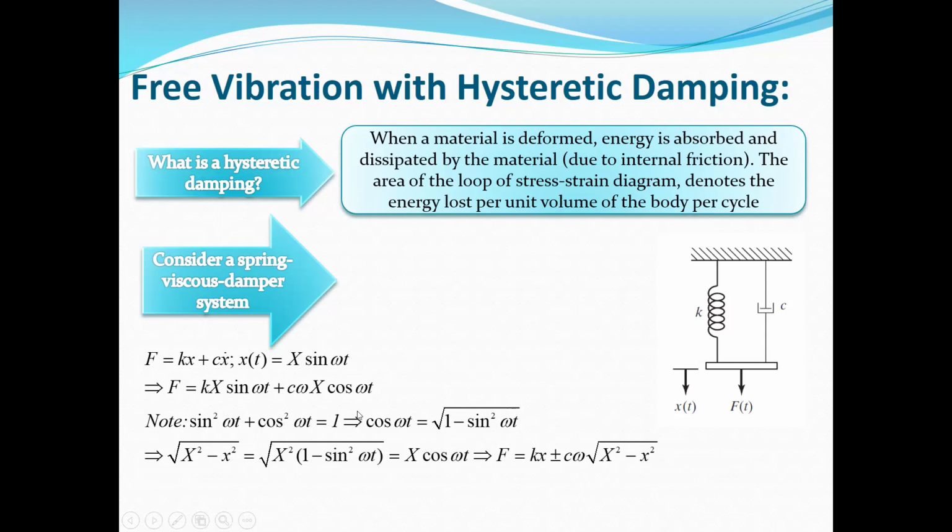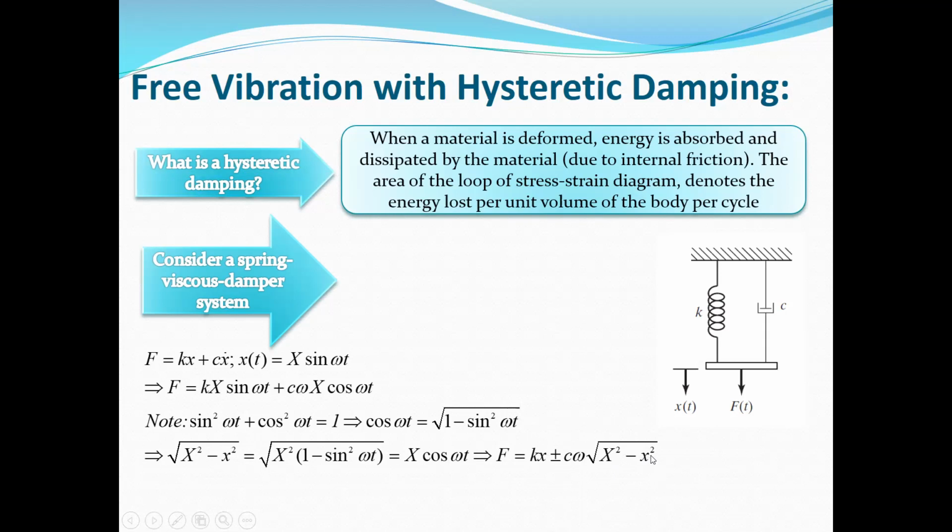So we can conclude that cosine omega t can be substituted by the square root of 1 minus sine squared omega t. And then we can substitute into this relation and find a new term for F, which is equal to k times x plus or minus c omega square root of uppercase X squared minus lowercase x squared, where uppercase X is the amplitude of the lowercase x.